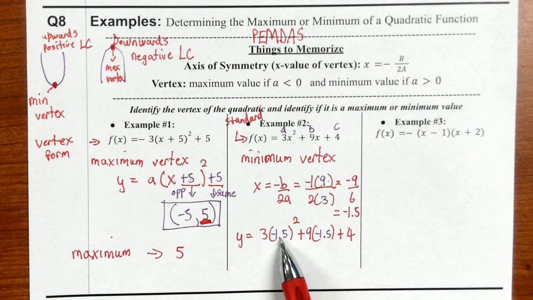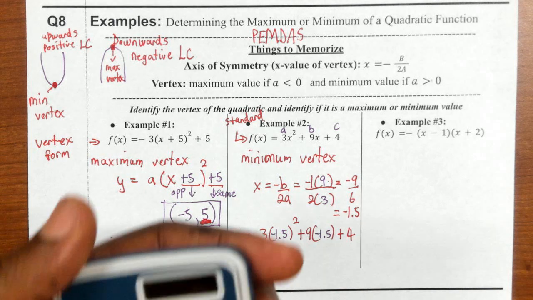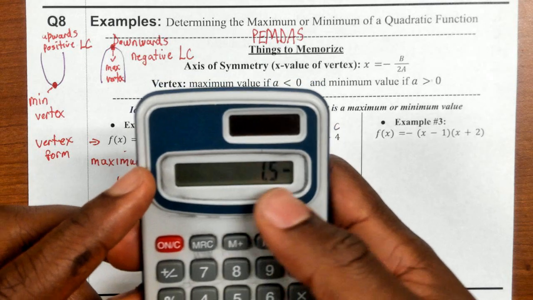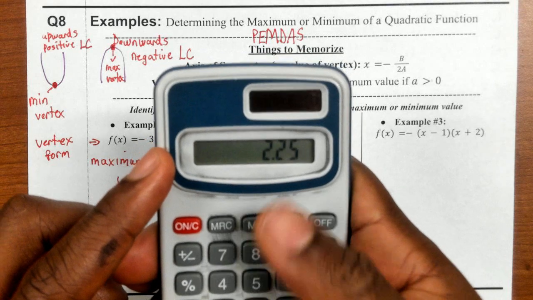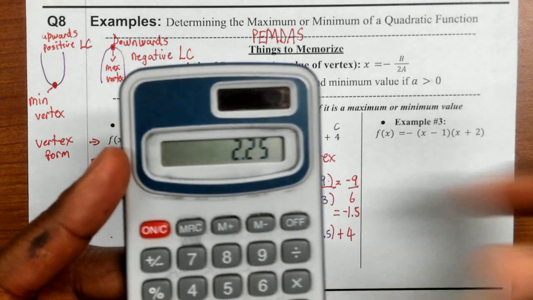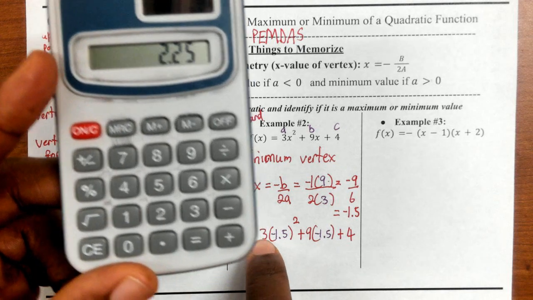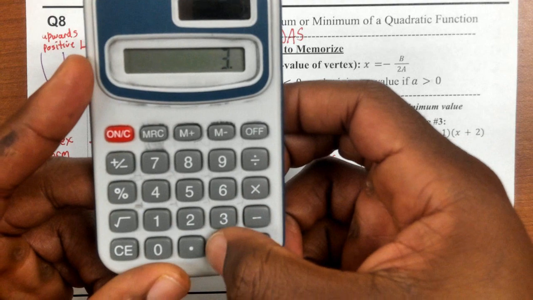We can't calculate anything inside of the parentheses, so now I'm going to do the exponent. Negative 1.5 squared is negative 1.5 multiplied by negative 1.5, which will give me positive 2.25. Then I'm going to multiply it by the coefficient in front. So I'm going to multiply it by 3.